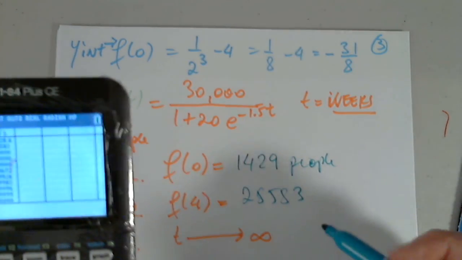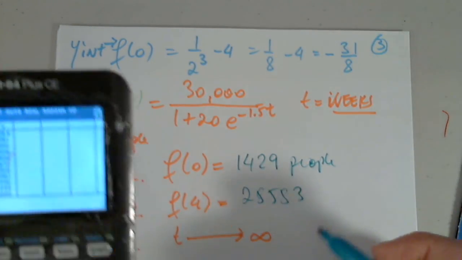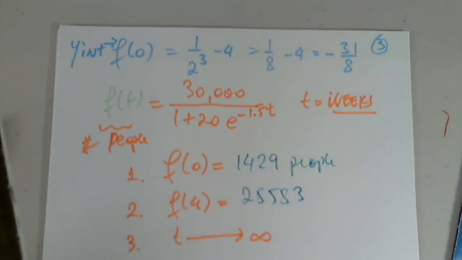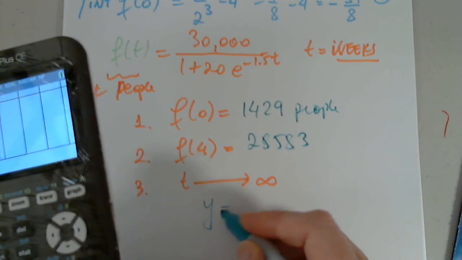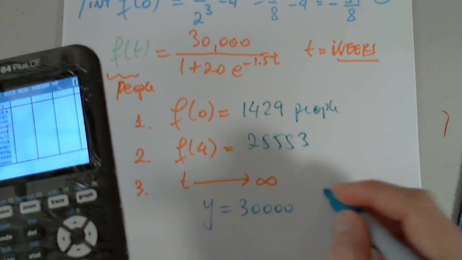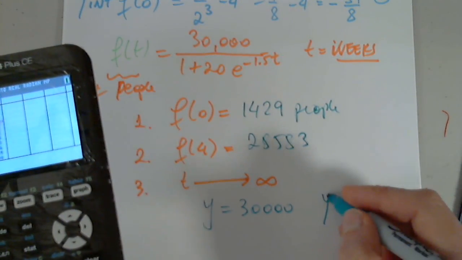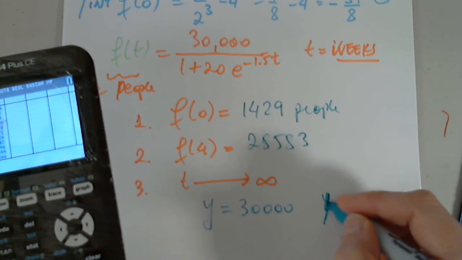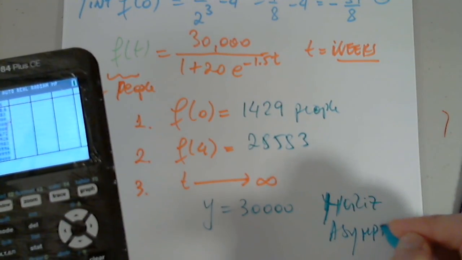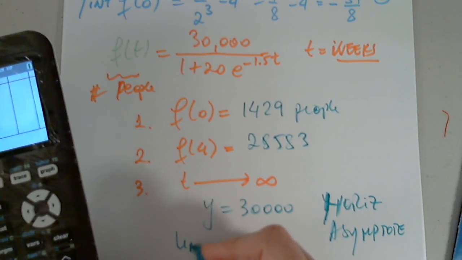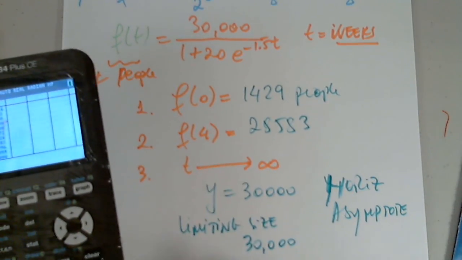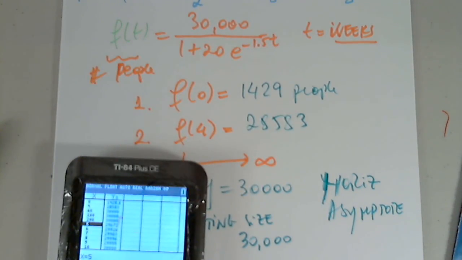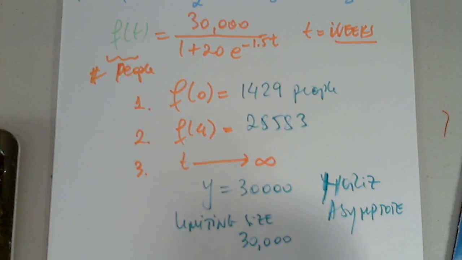And what is the limiting size of the population, when t goes on forever? 30,000. Exactly. That is the horizontal asymptote, y equals 30,000. So the limiting size is 30,000. Assuming that nobody comes in from the outside of the community, eventually everyone will get the flu, if the model is correct.